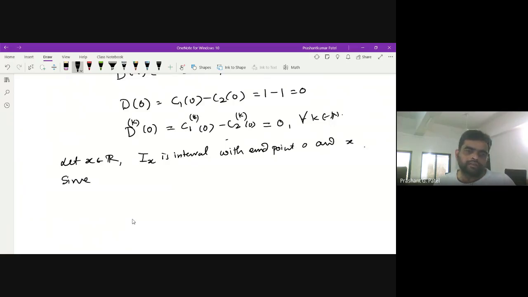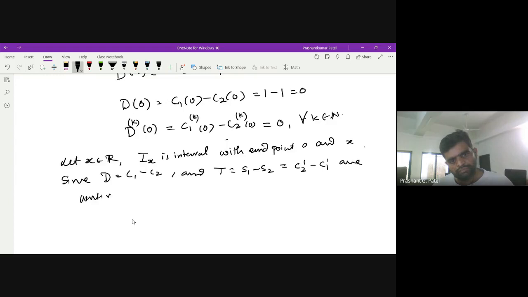Since d is C1 minus C2, I am defining the t function, which is S1 minus S2. The S1 is actually C2 dash minus C1 dash, and they are continuous on Ix.